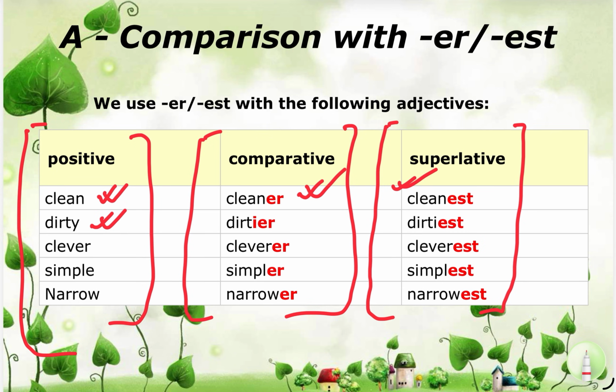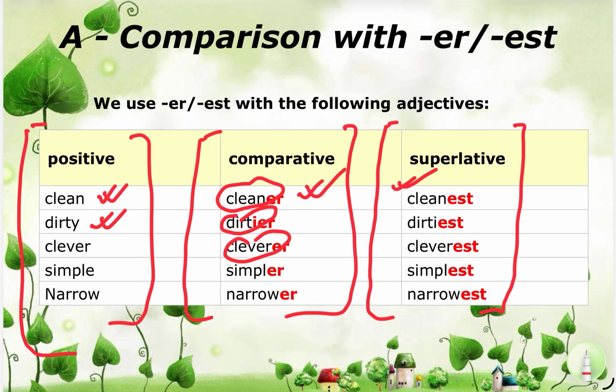What we are doing is comparing two different things with the quality. What is the quality? Clean, dirty, clever, simpler. When we compare two things, then it is the comparative degree.